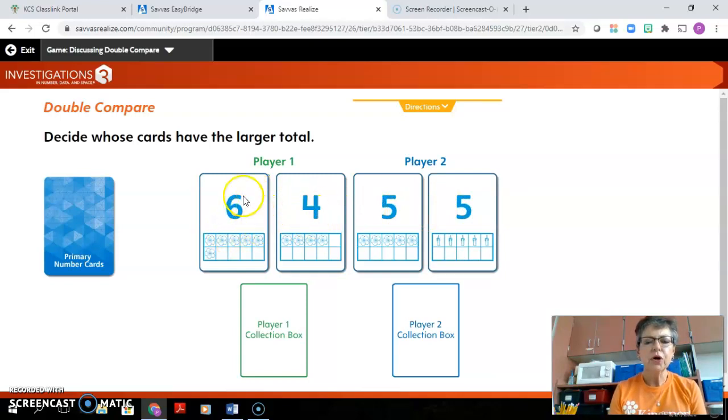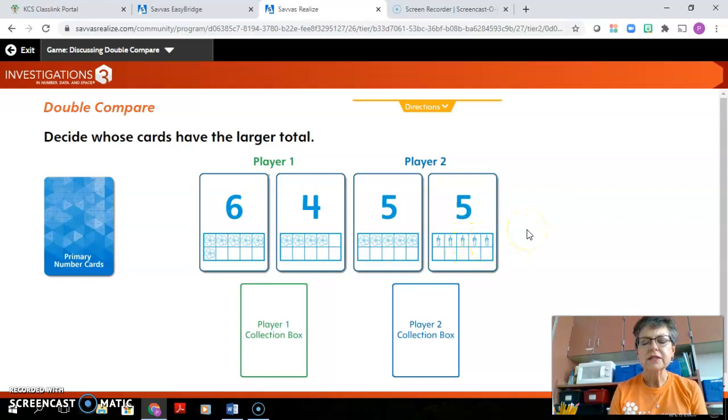All right, player 1 has 6. We're going to start with our 6 and we're going to count on 6, 7, 8, 9, 10. All right, let's find the sum or the total of player 2's cards. All right, 5, 6, 7, 8, 9, 10.